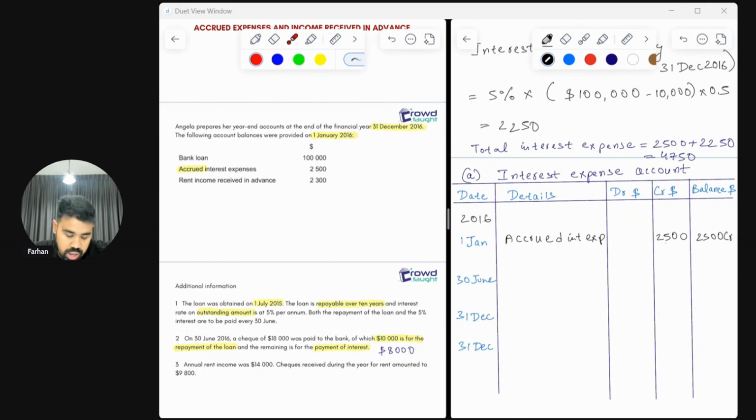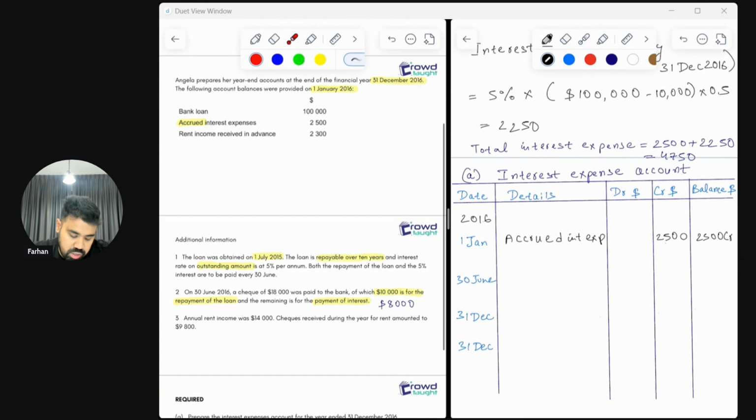Okay. Now, during the year, let's look into additional information number 2. Additional information number 2 says that on 30 June 2016, a check of $18,000 was paid to the bank, of which $10,000 is for the repayment of the loan. We have already derived this amount by using $100,000 divided by 10 years, given that we're repaying the loan in equal amounts every year, right?